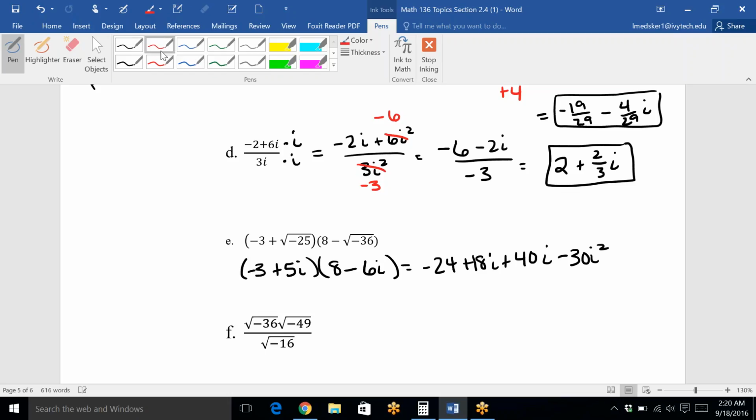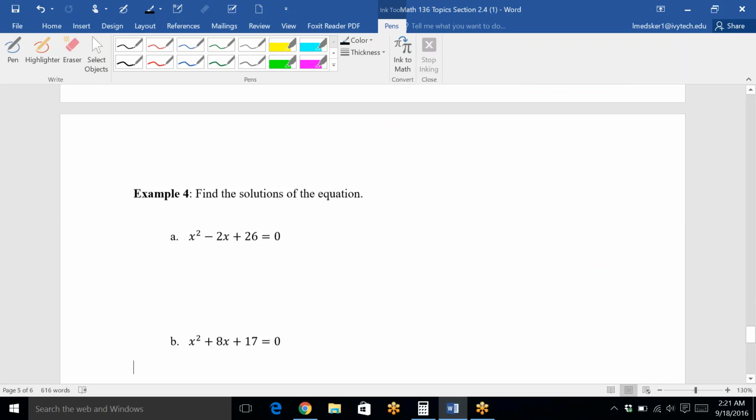The i squared will change to a negative 1, so this actually becomes plus 30. And so now we have 30 minus 24 is 6. 18 plus 40 would be 58i. So 6 plus 58i.